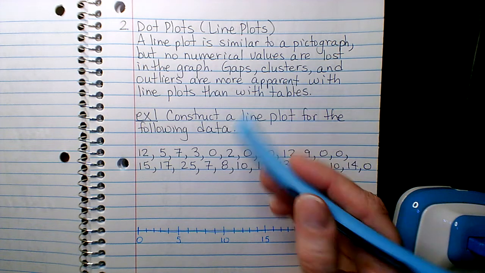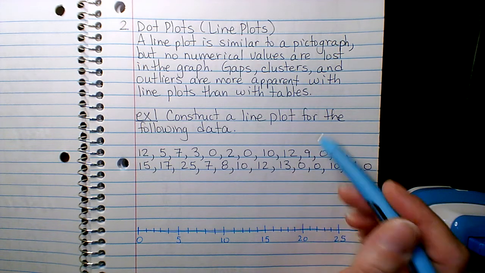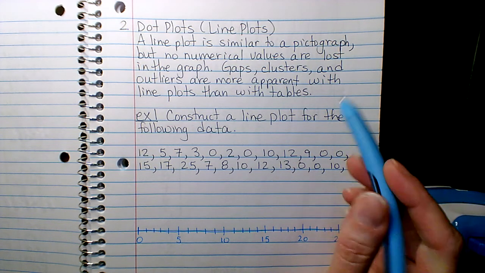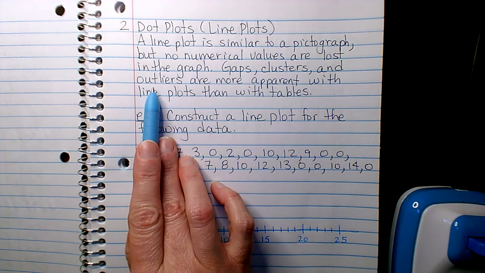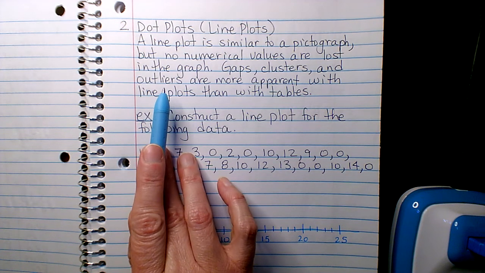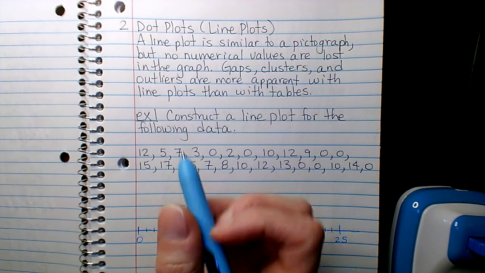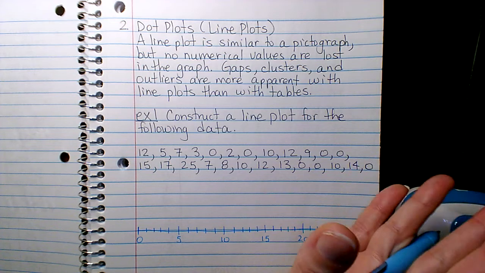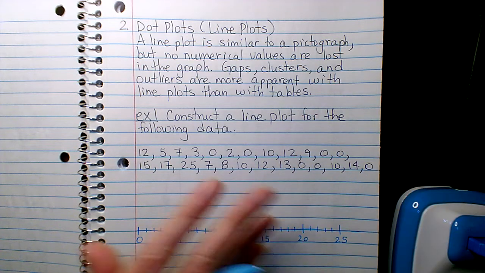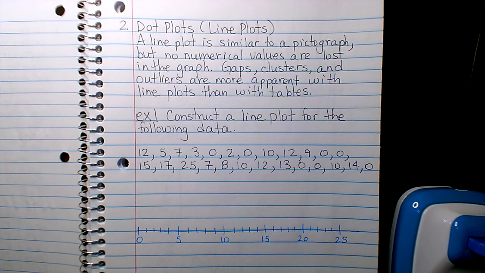A cluster is, as it implies, a lot of data clustered, smushed together into one area. And outliers we will define more formally later, but an outlier is just kind of a point that's just kind of out on its own. It can be way up high away from the others or way down low away from the others. But we'll define it mathematically to determine just how far away it has to be in order to be considered an outlier.